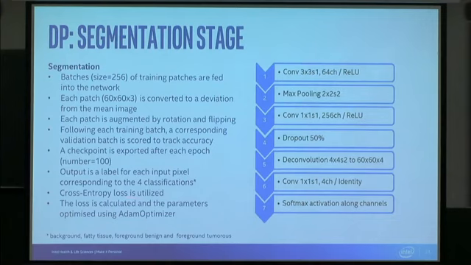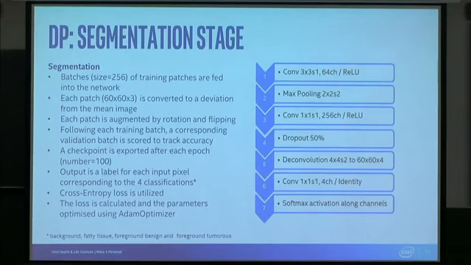Here you see a very simplistic architecture, which consists of 7 layers, with the final layer being a softmax activation along channels. So for each input pixel, we output the probability of it being one of these classes.